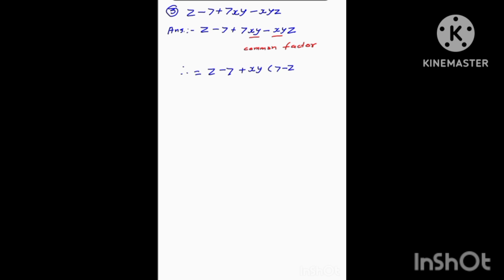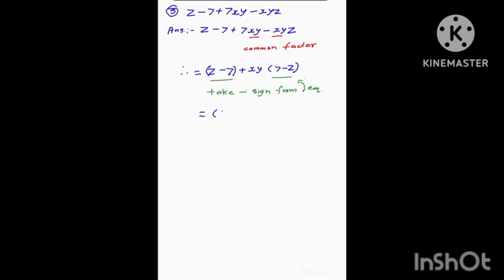Now you know it is z minus 7 and 7 minus z. So if you take the negative sign common, then the two brackets will be same. So take out the negative sign of the second bracket, that is 7 minus z. Then that becomes a very simple problem now.